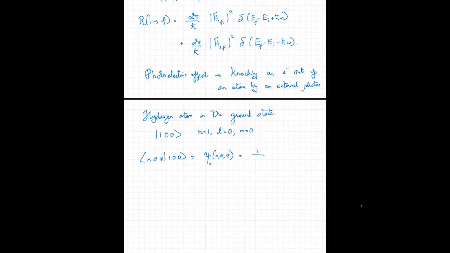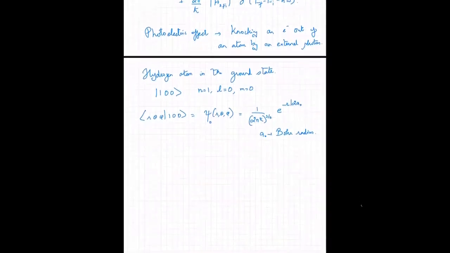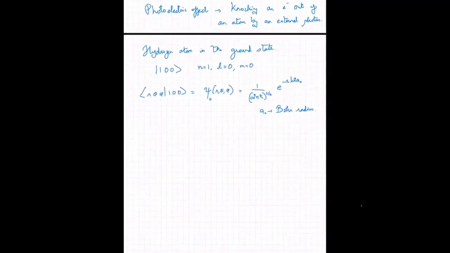And this, as you very well know, is given by (1/(2 pi ħ))^(3/2) e^(-r/2a0), where a0 is of course my Bohr radius. So this is basically my initial state, and I don't need to talk anything more about this because this is part of the system that you understand very well, since we discussed the hydrogen atom at length in our quantum mechanics course.